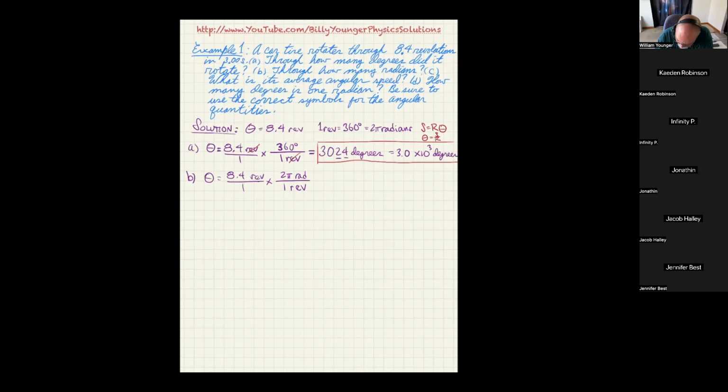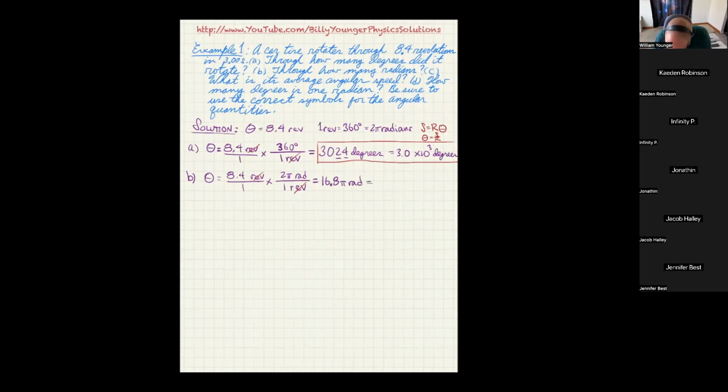So in this case, we're again seeing that the revolution cancels out with the revolution, and I'm going to get 8.4 times. Now I'm going to start with just the 2, and of course that would be 16.8. The reason why is sometimes people prefer their radian measures to be in pi units. So for instance, this could be 16.8 pi radians, and that one's perfectly acceptable.